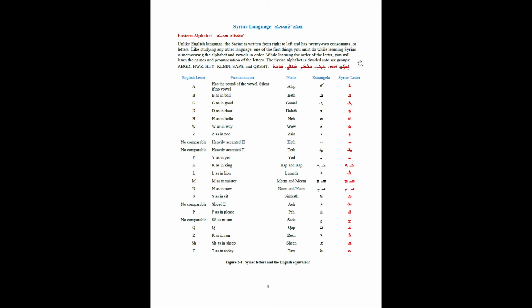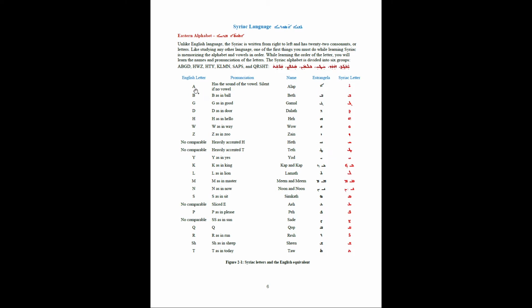Here are the letters. The first one is Alep. Again, I'm not going to cover the sounds now, until we talk about every single one of them in this chapter, when we learn the vowels and no vowels. Estrangela or Estrangelo, this is exactly how it looks. And when we study each letter, I'm going to show you how to write these letters in Estrangelo as well.